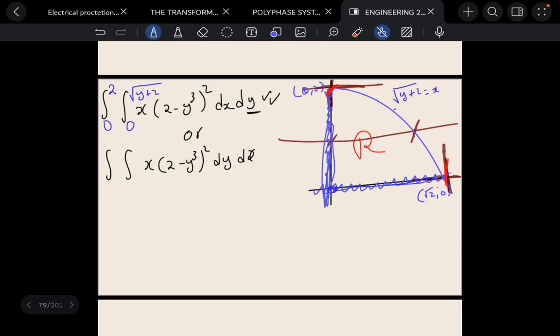Like that. And then if you write it in terms of y, it means that your limits are constants, and your minimum value of x is going to be 0 and the maximum root 2. And then for y, we draw a vertical line. This is your starting point, that is your end point. Your starting point for y is also 0, and your end point for y is going to be 2 minus x squared.